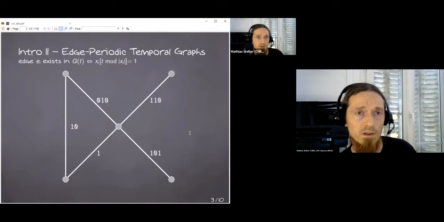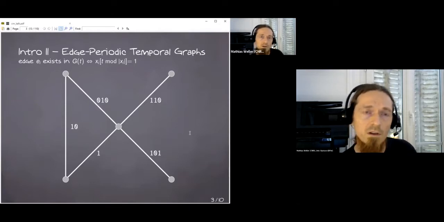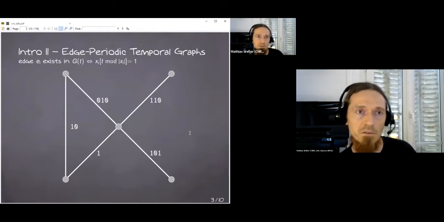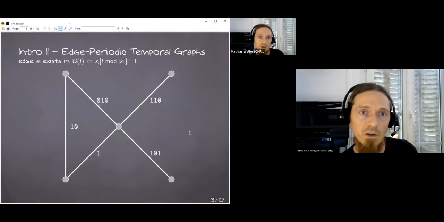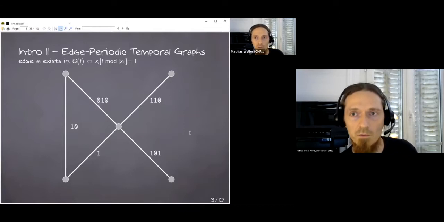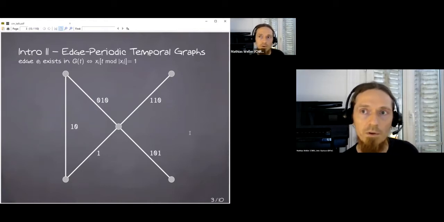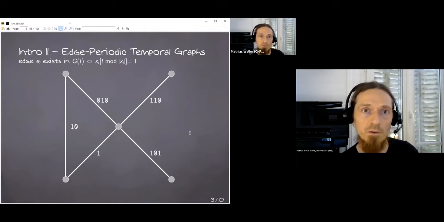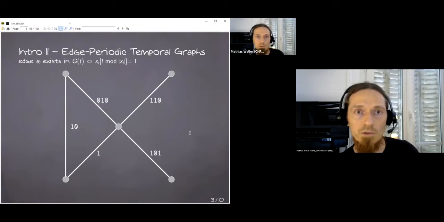And in time step t, the graph G at time step t contains an edge e_i whenever the sequence assigned to this particular edge has a 1 at time step t, where this time step t is taken periodically over the sequence, which means that it just wraps around whenever it would leave the sequence, which is just modeled by this modulo here.